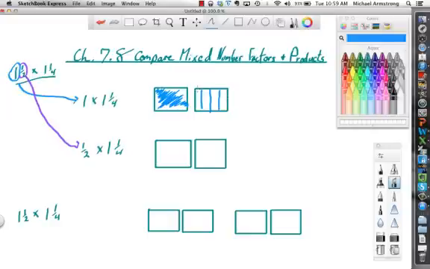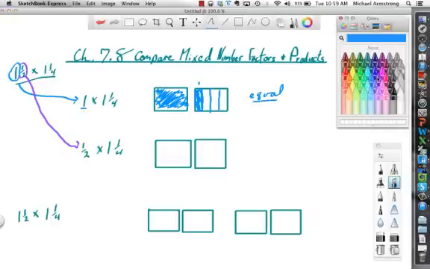So there's 4 pieces, and we're going to shade 1/4. So this little piece here is shaded in to be 1/4. So when we multiply 1 times 1 1/4, we get 1 1/4. So it's equal. Okay, we know when we multiply by 1, it's equal.